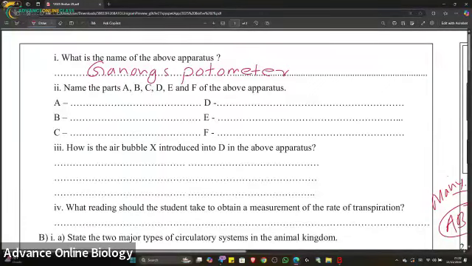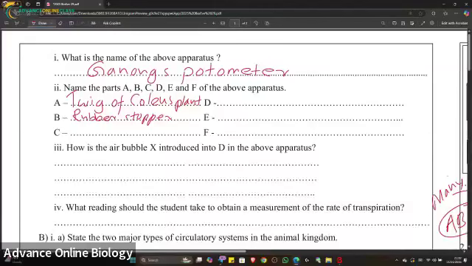A is the twig of coleus plant. You can just write twig, but better, twig of coleus plant. What is B? Rubber stopper. What is C? Tap. D is graduated capillary tube.